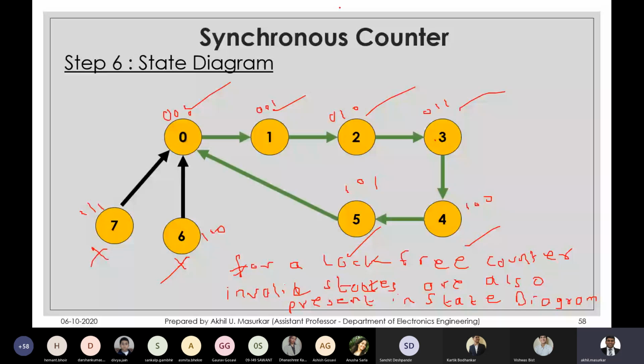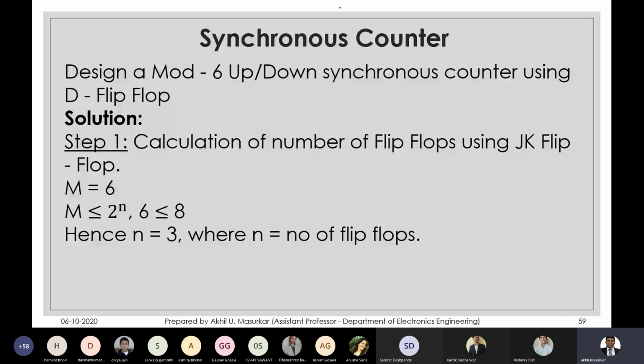Design a mod 6 counter. Same thing, but this time we are designing a mod 6 up as well as down counter, synchronous one, using D flip-flops.